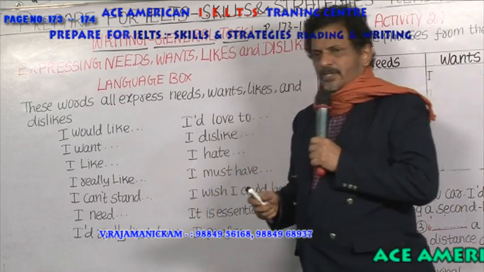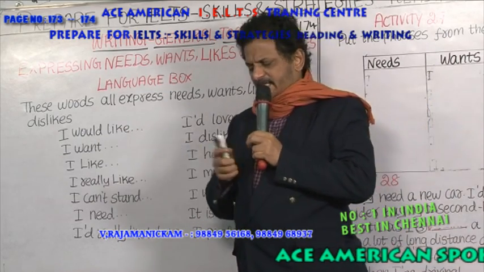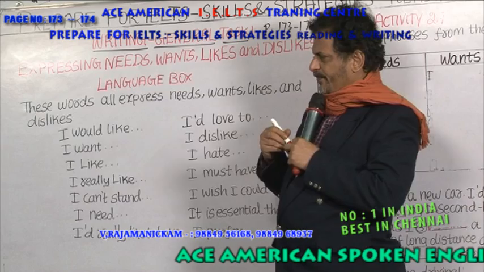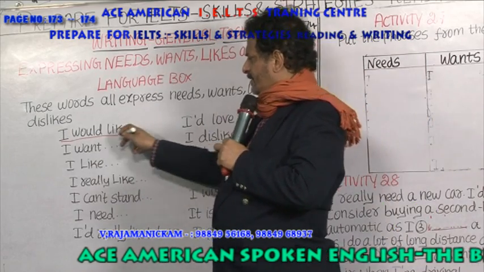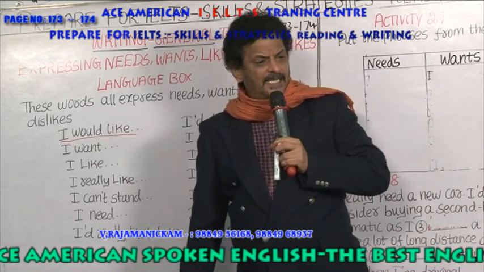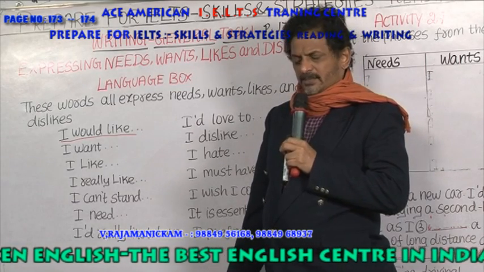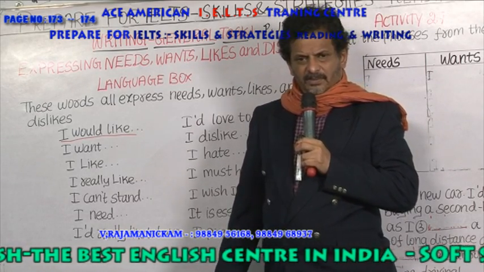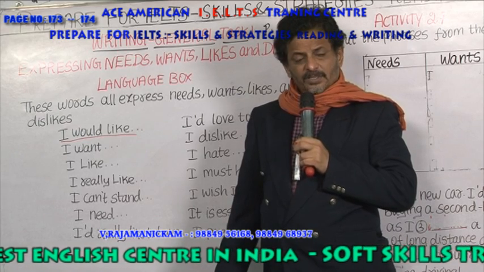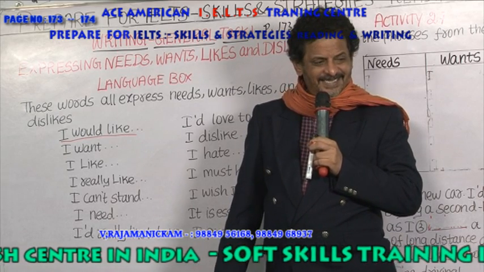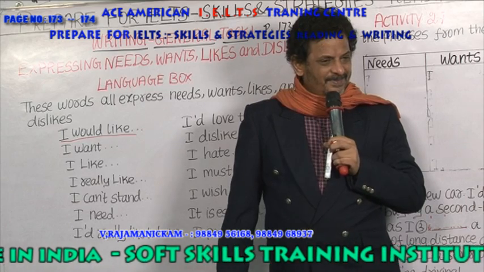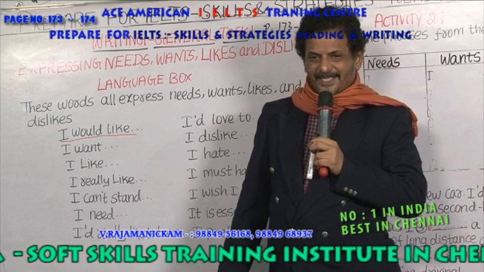Right, sir? So everybody, what is the given first sentence? I would like, for what? Something I would like to have. Can you complete the sentence? I would like to have a coffee. Anything else?